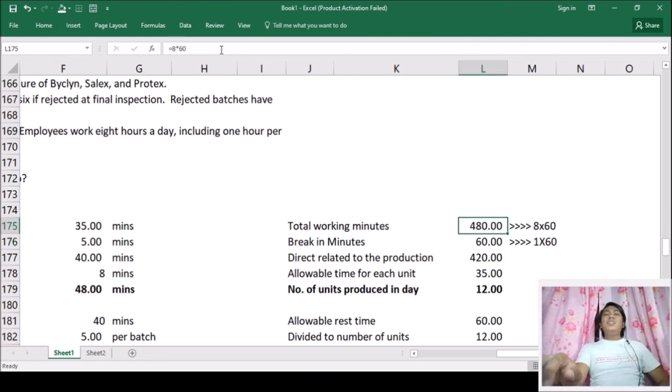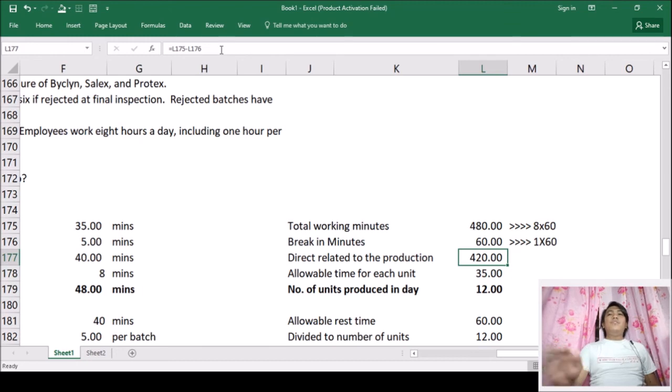We need to deduct the 60 from 480 to determine how much is directly related to the production, which is 420. Okay? That means 420 minutes are directly related to the production while the 60 minutes is related to the break time. And then, the allowable time for each unit is 35.